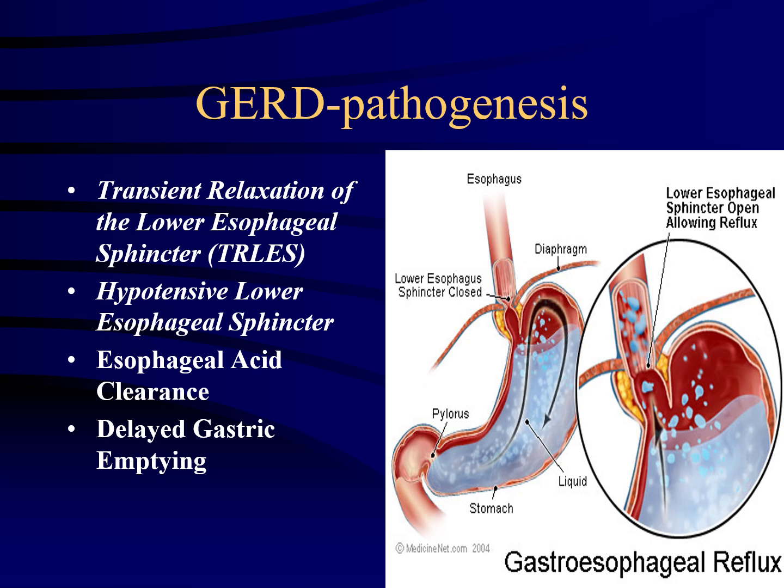Prolonged acid contact time results mainly from incompetence of the LES, and this is mainly caused by the transient relaxation of the LES. When there are more transient relaxations of the LES, you get more exposure and contact time in the esophagus. In addition, a hypotensive LES plays a role.